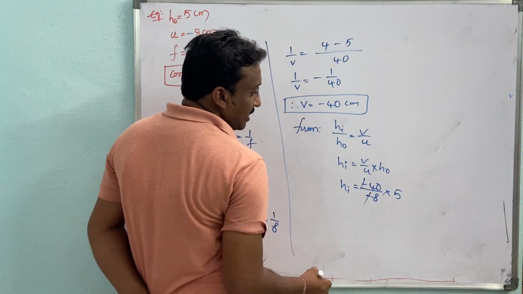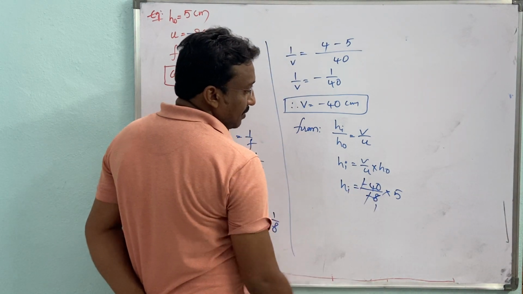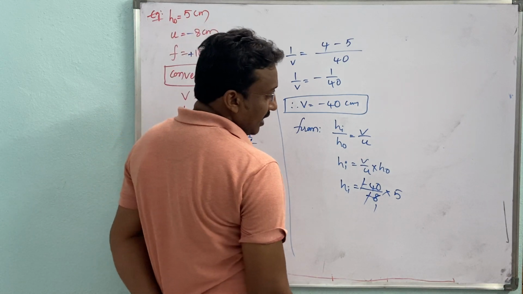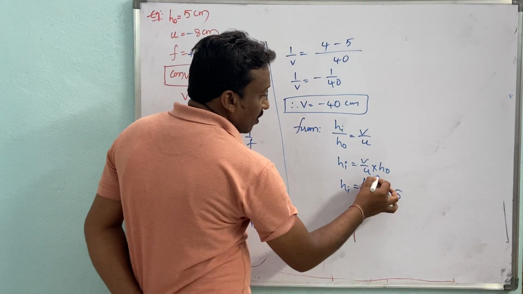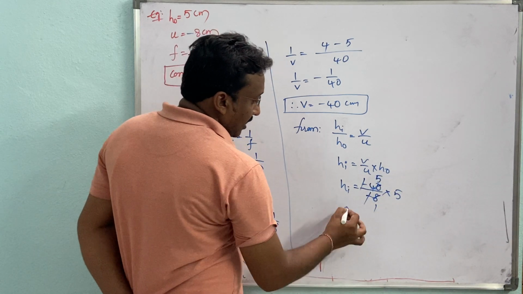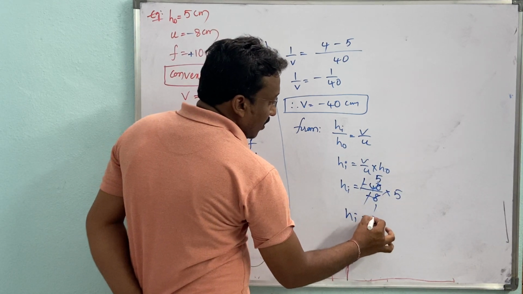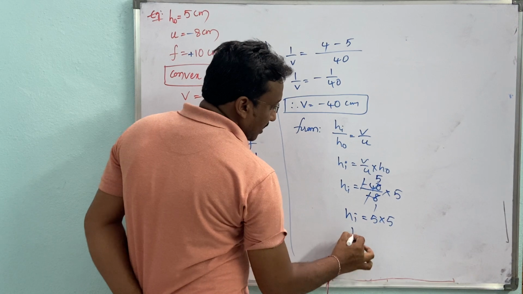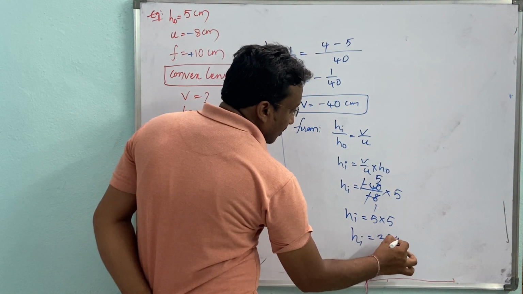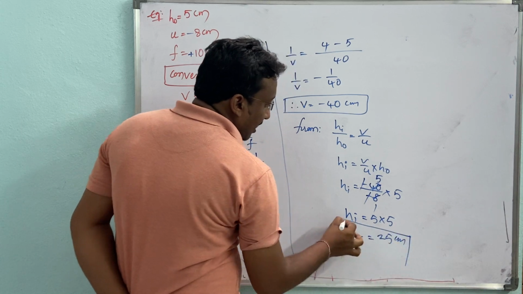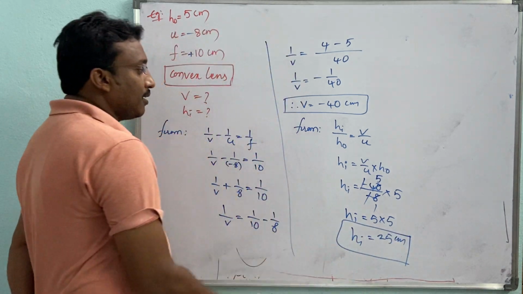Then minus gets cancelled, 8 5s are 40, 8 5s are 40, then HI equal to 5 into 5, that's HI equal to 25 centimeters, right?